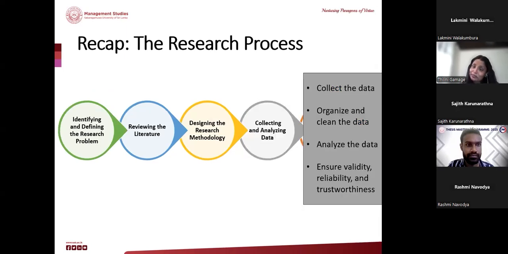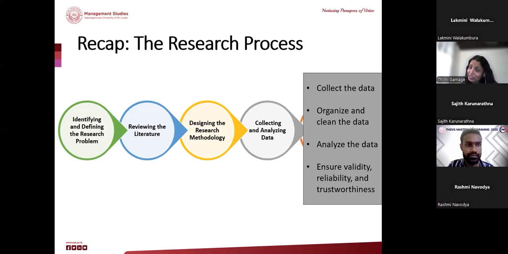And then you come to collect and analyze data. This is where you start collecting data, and once you collect the data, you have to organize it. You need to ensure that your data is free of missing values and outliers, so you need to go for data cleansing. Data cleaning is very important because we always say if you put garbage in, you'll get garbage out.